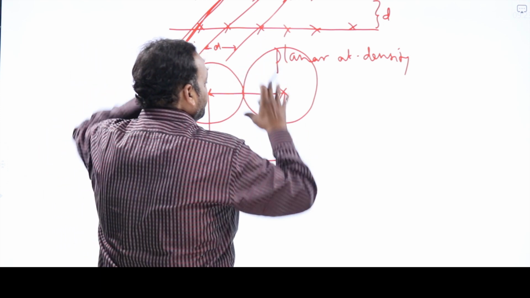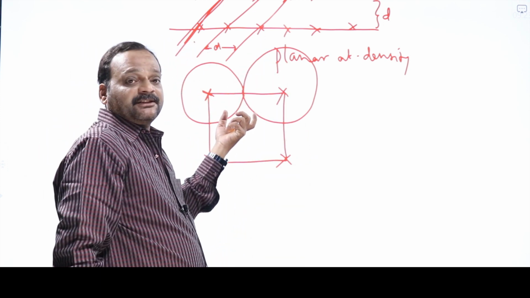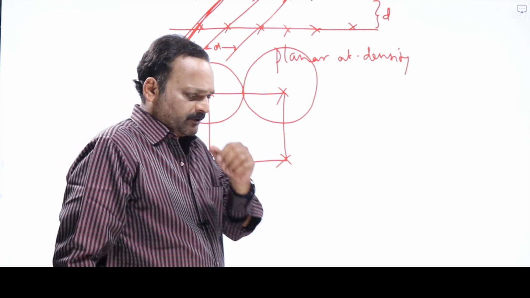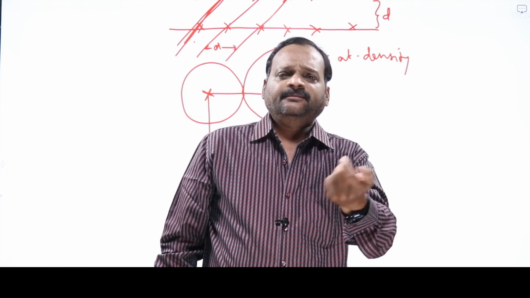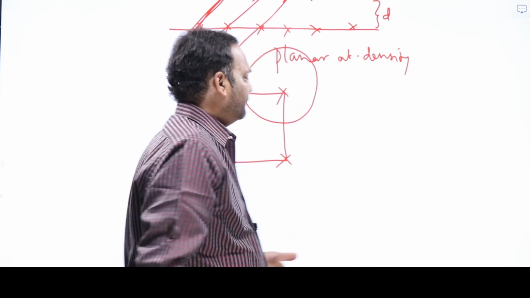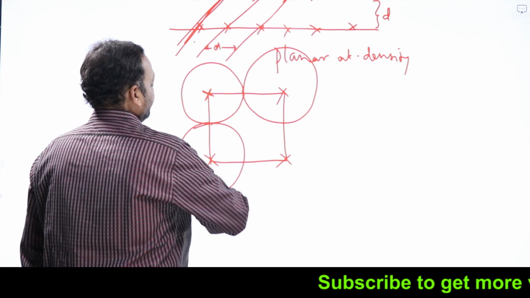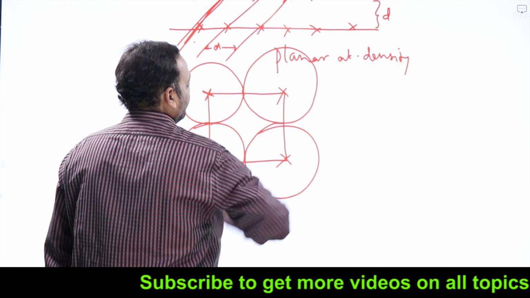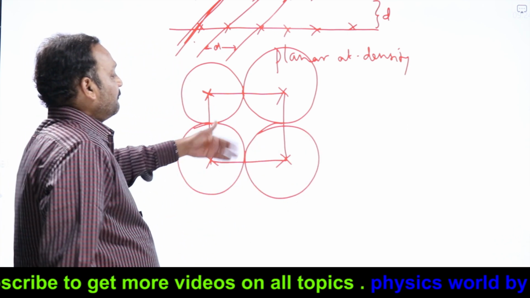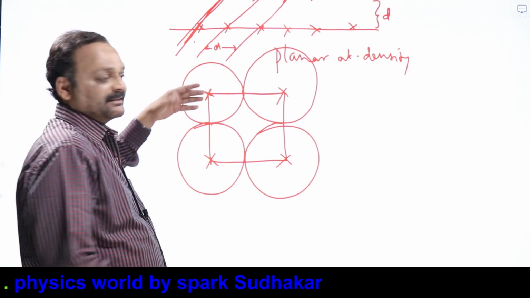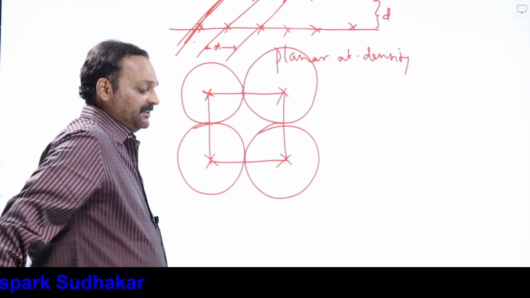Atoms are rigid spheres. Adjacent atoms should touch each other, and all atoms are of the same size, whether you take silver atoms, copper atoms or gold atoms. So one lattice point is here, and the atom is expected to be like this. Similarly, there will be 4 more atoms at the back face of the cube, such that all 8 atoms will be touching each other.